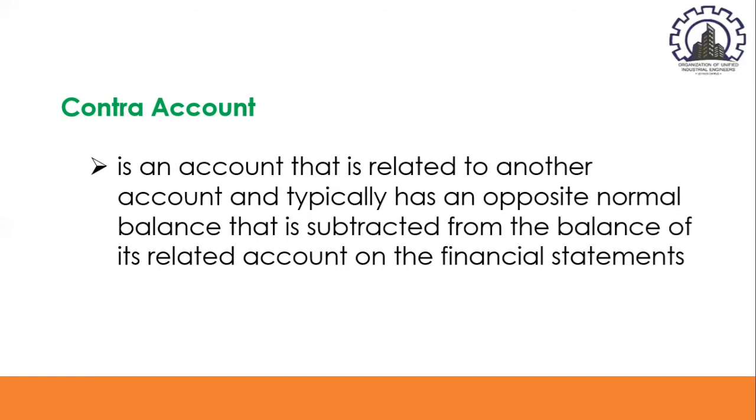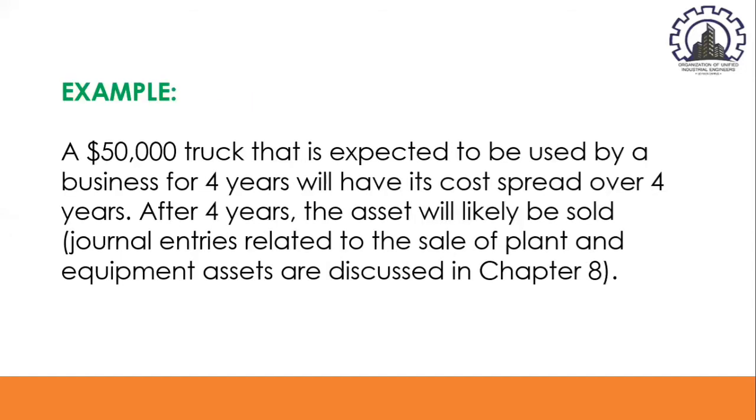All right. So, in order for us to better understand this, let me give you an example. A $50,000 truck that is expected to be used by a business for 4 years will have its costs spread over 4 years. And after 4 years, the asset will likely be sold.